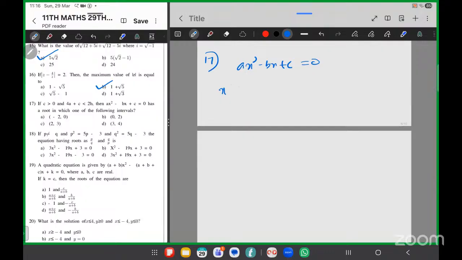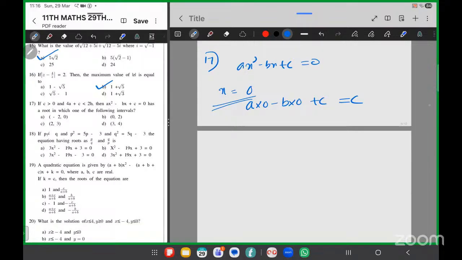If I put x is equal to 0, I get a into 0 minus b into 0 plus c, and this value is equal to c.